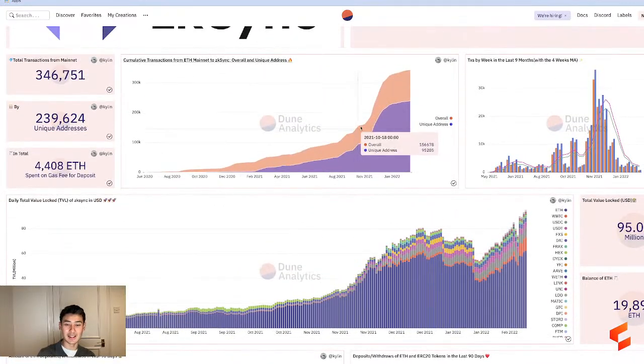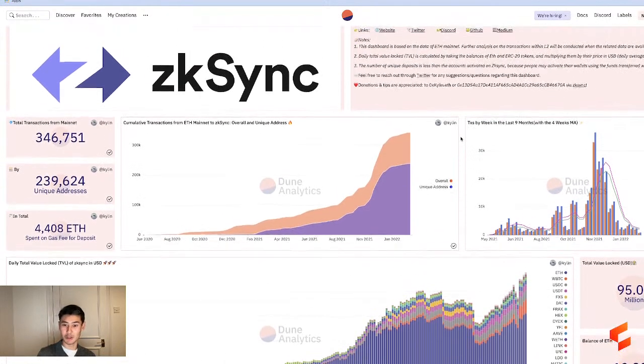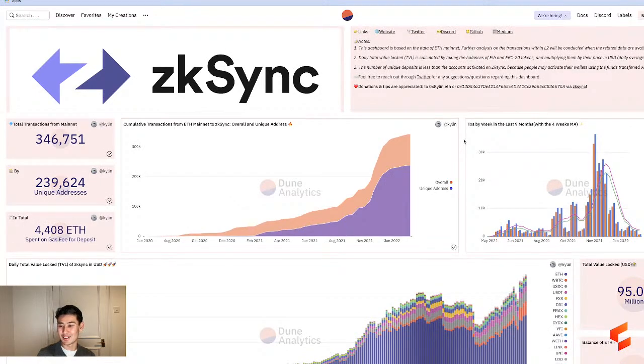So what I think is that during this time, we had a lot of airdrops, and people were getting hyped up about layer 2s doing token releases. And I think a lot of people were just hunting for airdrops, putting a tiny bit of ETH into zkSync, hoping for that retrospective airdrop. So that's kind of not directly related to investments, but another interesting example of insights you can pull from Dune from the dashboards.